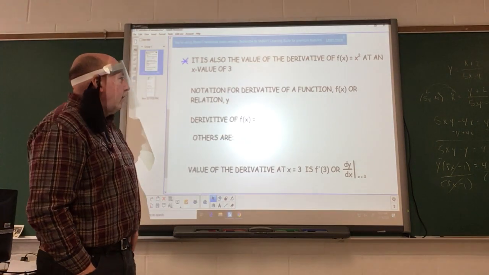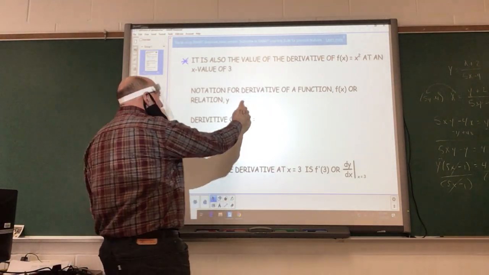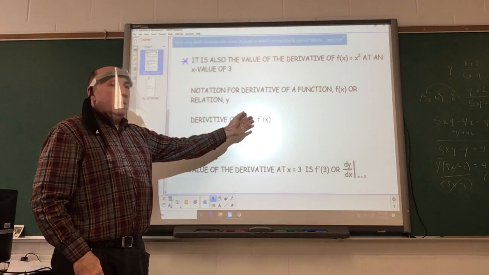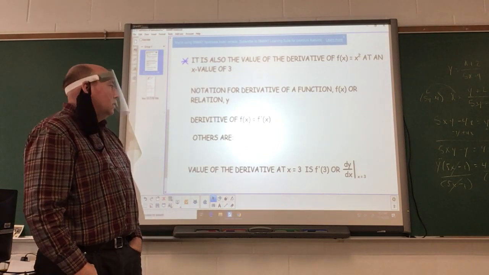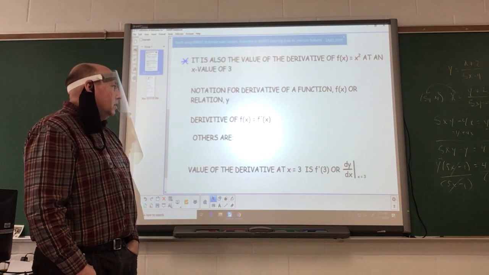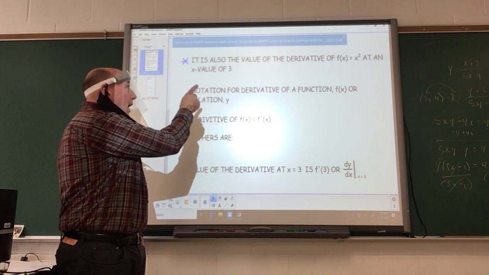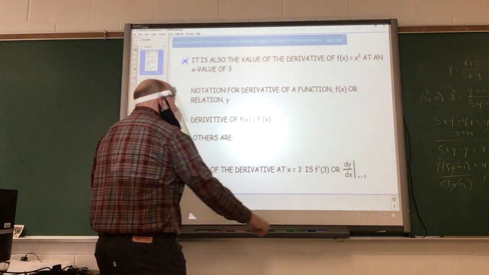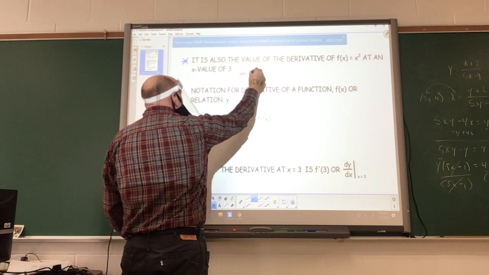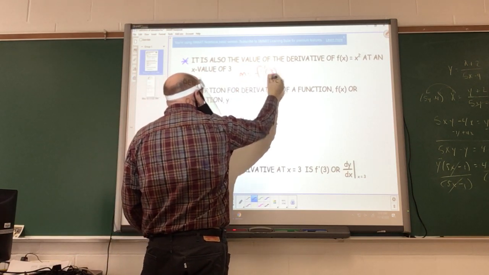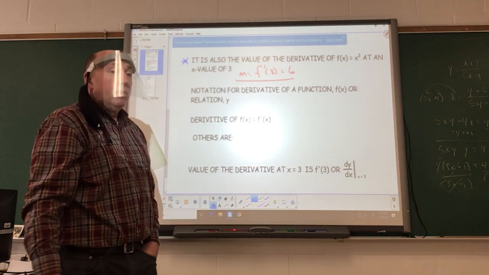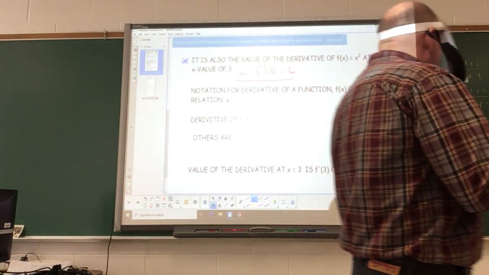So we've done these. We just never called them derivatives. Notations for derivatives of f of x for a function or y. How we denote derivatives is we put a little prime in there, f prime at x. The derivative of f of x is f prime at x. So what we calculated up here, our slope, was the value of our derivative at 3. So the notation we have is f prime at 3.